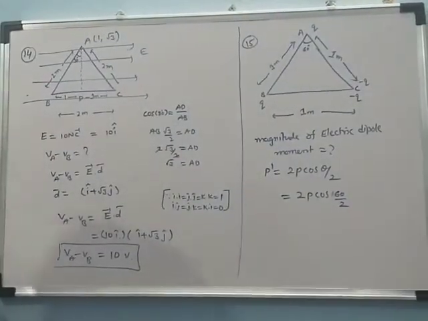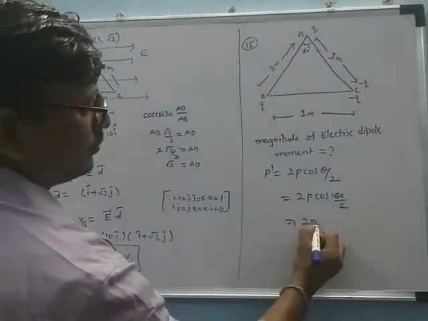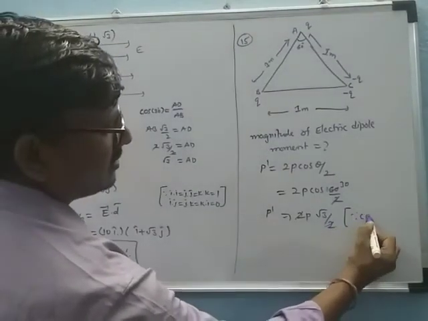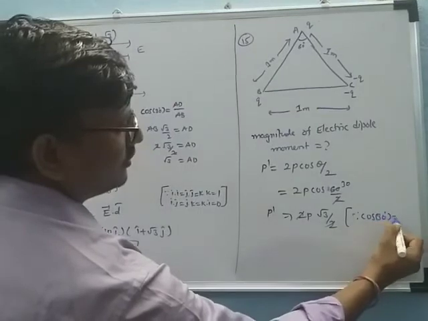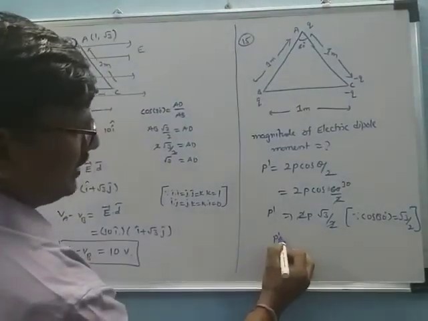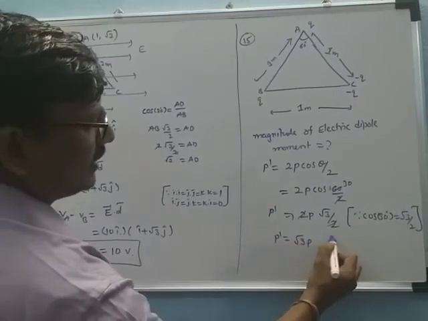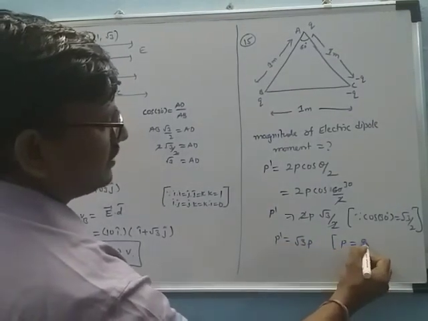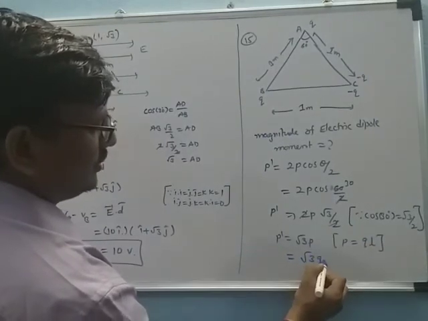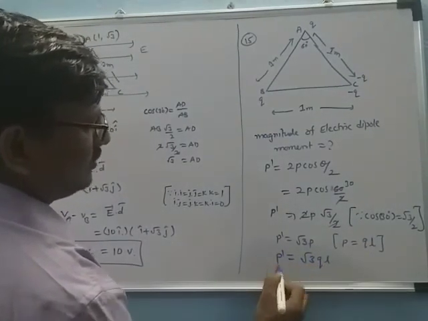Cos 30 is equal to root 3 by 2. The 2 gets cancelled, so p dash is equal to root 3 into p. This dipole moment p is equal to q into l, so p dash is equal to root 3 into q into l.